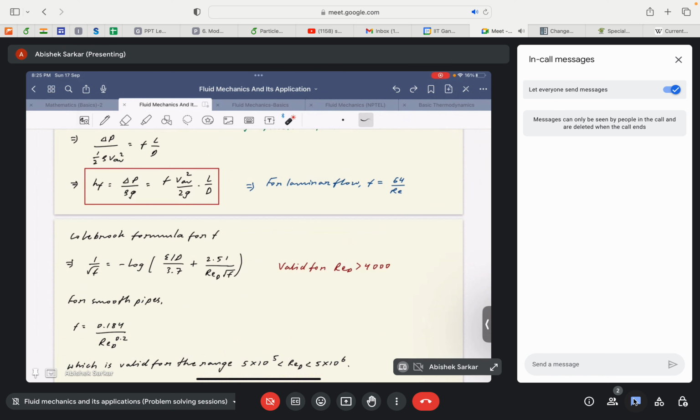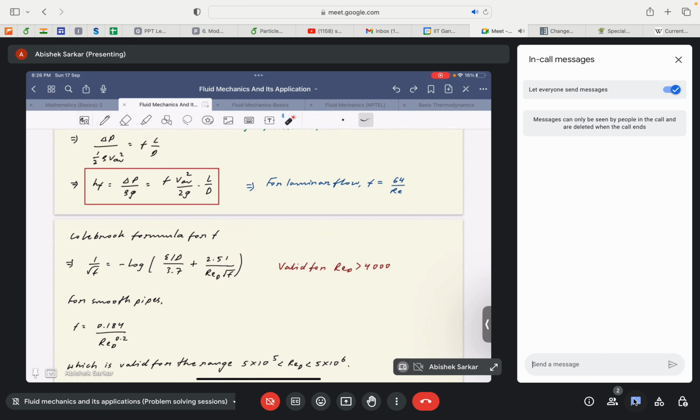There were various researchers who worked upon it and developed their own relations. One of the relations is shown here. It is the Colebrook formula for determining f, the Darcy friction factor. This equation is valid for Reynolds number above 4000, not 2300.